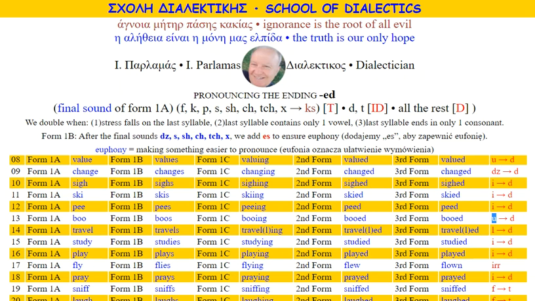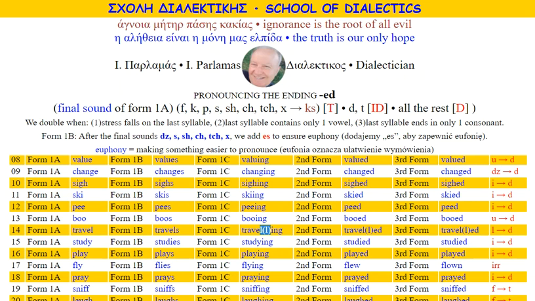Trouble. Now here the final sound is L. Trouble, troubles, troubling, troubled, troubled. Travel, travels, traveling, traveled, traveled. Here we have a choice, we have an option. We can have a single L, one L, which is American English, or double L, which is British English, okay? Why?